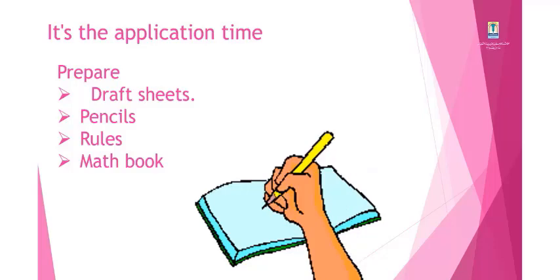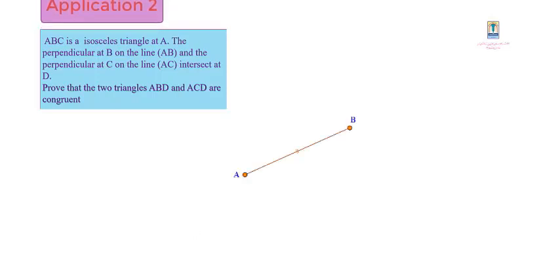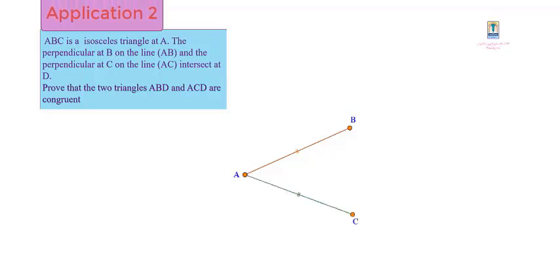It is the application time. Prepare your draft sheets, pencils, rulers, and your math books. In this application, we have ABC, an isosceles triangle at A, the perpendicular at B to line AB, and the perpendicular at C to line AC intersect at point D. Prove that the two triangles ABD and ACD are congruent.